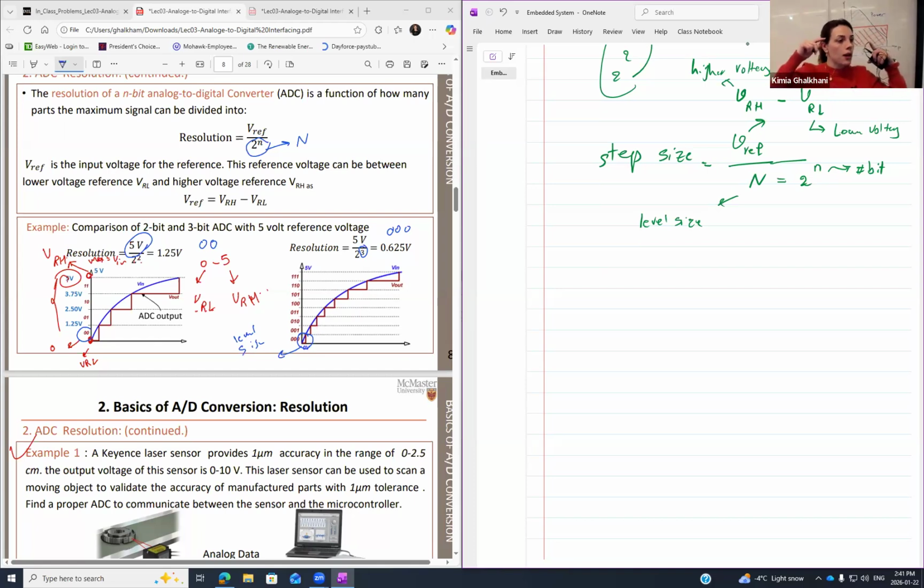If I'm going to have a better system with higher resolution, of course I need more bits. Remember in the lab I said our microcontroller has 10 bits resolution, not register, 10 bits resolution, but still we can set it to 8 as well. And all of you practiced that, right? So when you had it at 10 bits resolution, you were able to come closer to the input voltage.